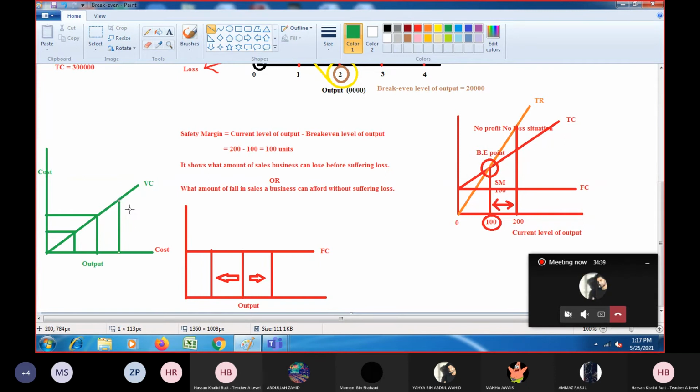And if there is a further increase in output, there will be a further increase in the variable cost as well. So it clearly shows that if you increase the output, you will see an increase in the variable cost. Okay, this way.